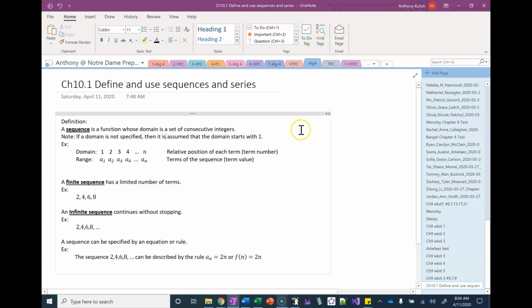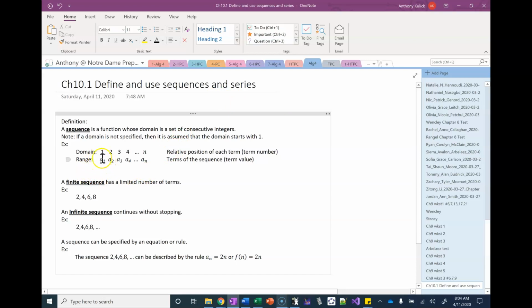So for example, the domain for a sequence is going to look like 1, 2, 3, 4 all the way out to some number n, depending on however many terms we have in the sequence. And the range is going to be these specific values.